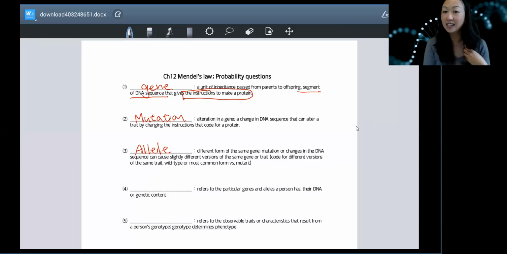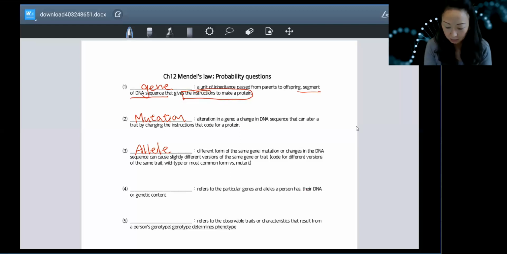This can be a mutation, or it's just a normal different version of it. Like I said, it can be black or blonde hair, but if you have a mutation where your pigment no longer stays on your hair, albino, then that's a mutation. So the sequence can cause slightly different versions of the same gene or trait to code for different versions of the same trait. This is called allele. I probably have a different allele than you for the same gene, which is hair color. The hair color gene can have different alleles.